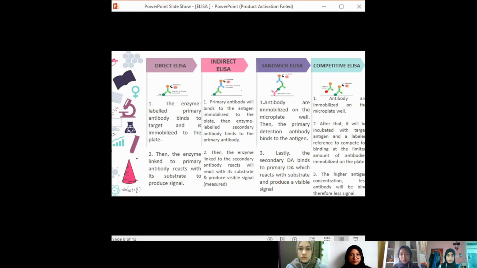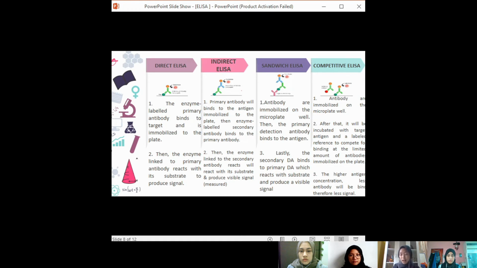For direct ELISA, we will be using an enzyme-labeled primary antibody only. The enzyme-labeled primary antibody binds to the target that is immobilized on the plate. Then the enzyme linked to the primary antibody reacts with its substrate to produce a signal that can be measured.